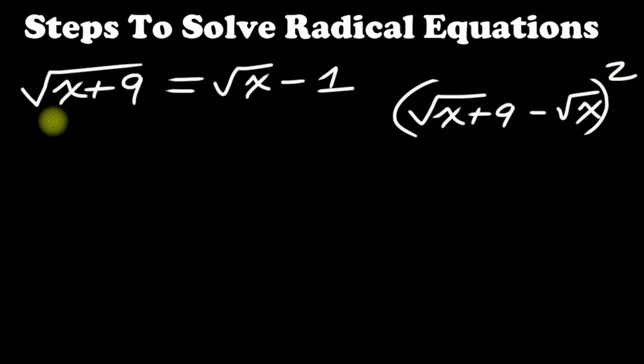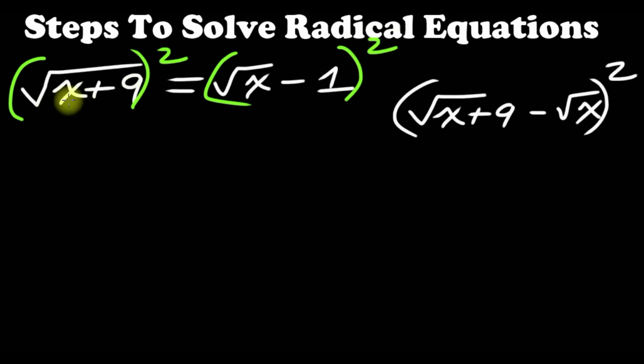So I'm going to go ahead and square it right now. I think that would be easier than trying to isolate it. Okay, so to get rid of the square root here, I'm going to square it. And then I'm going to square this whole thing.